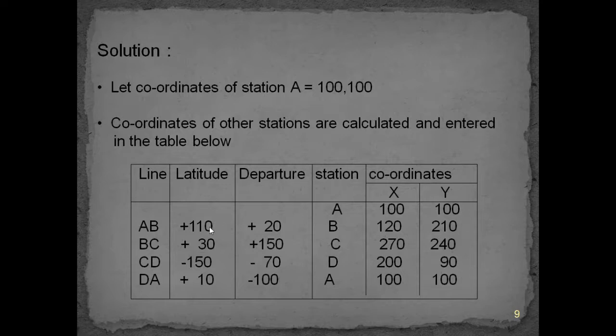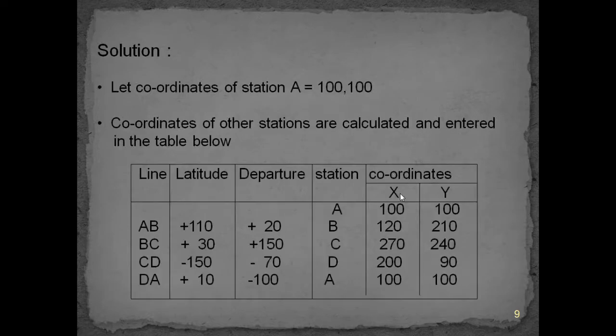What will be at B? 100 plus 20. Here x means departure and y means latitude.